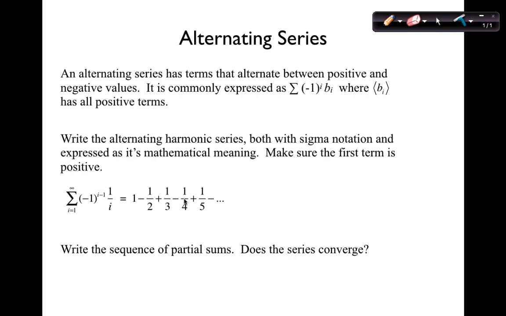So then the question is, what about the alternating harmonic series? Does it converge? So let's write the sequence of partial sums. Who can tell me that sequence? Andrew, can you tell me the sequence of partial sums? For this, 1 plus -1, then 1 plus -1/2.